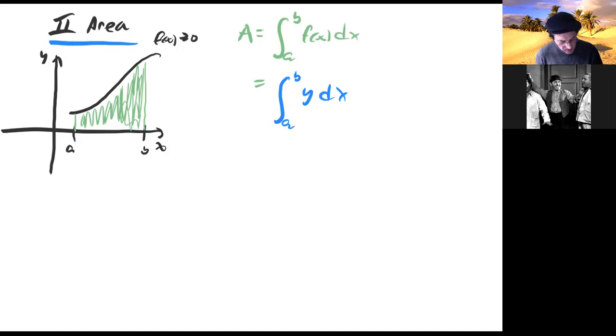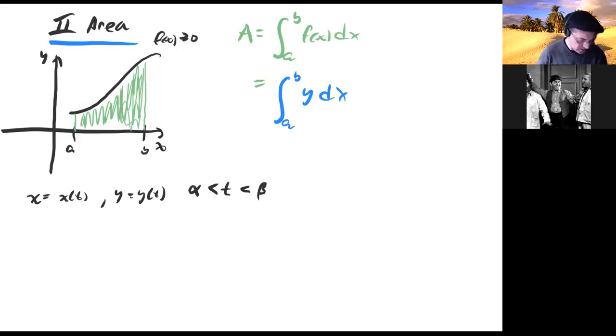Now suppose the curve is not a function, but is given by a parametric equation. Suppose x equals x of t and y equals y of t, and t varies between two numbers, let's say alpha and beta. So t is the time, and these are the limits of time. We want to calculate the area under the curve.